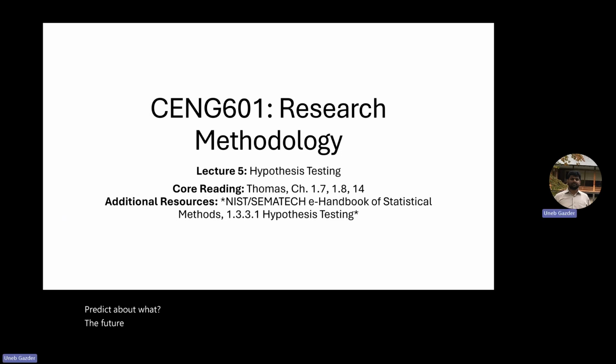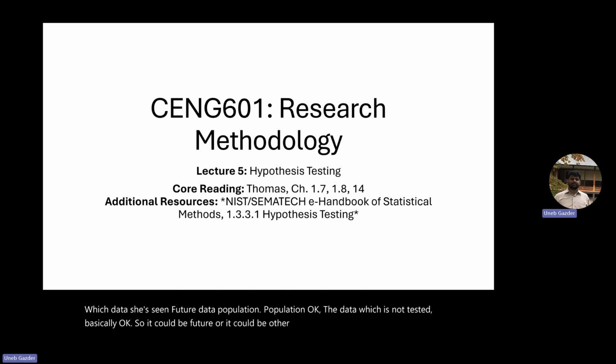Or what is the term used? About which data? He's saying future data. Population. Okay. The data which is not tested, basically. So it could be future or it could be other values which we did not use. So another thing which is related to that is hypothesis testing.